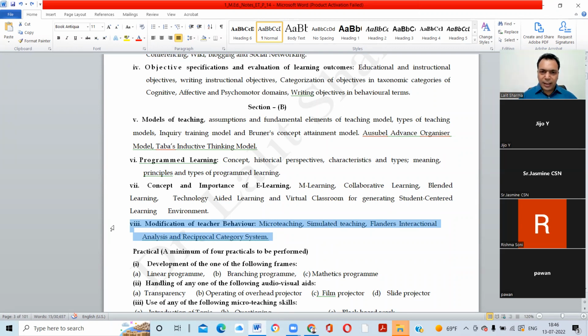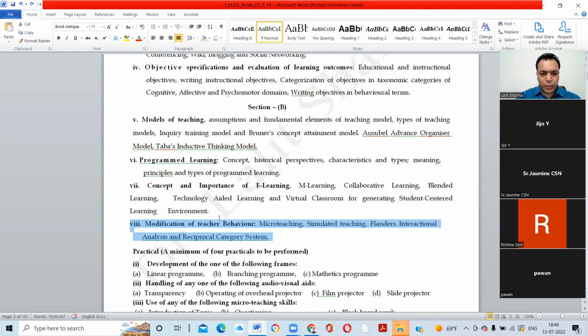When questions come on micro teaching, simulated teaching, Flanders interaction analysis system and reciprocal category system, I only have to talk about the improvement of the teacher, because all these techniques are called teacher training techniques. Okay, improvement of the teacher, improvement of the teaching of the teacher. Okay, these are all the techniques, right?